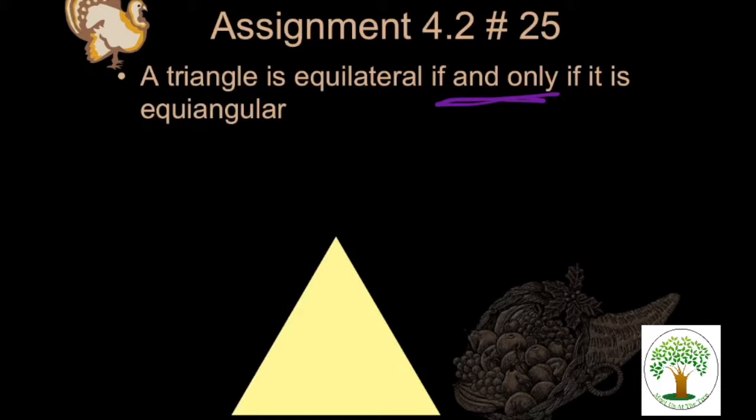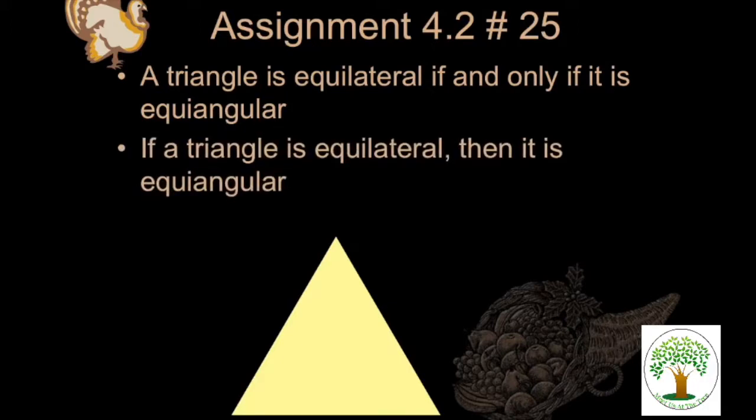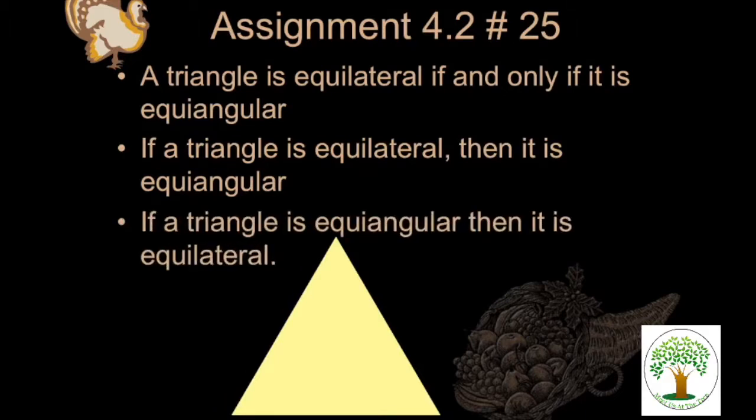So you'll have: if a triangle is equilateral, then it is equiangular. Then the converse, you're just going to switch the if part and the then part, leaving the triangle word in there: if a triangle is equiangular, then it is equilateral.